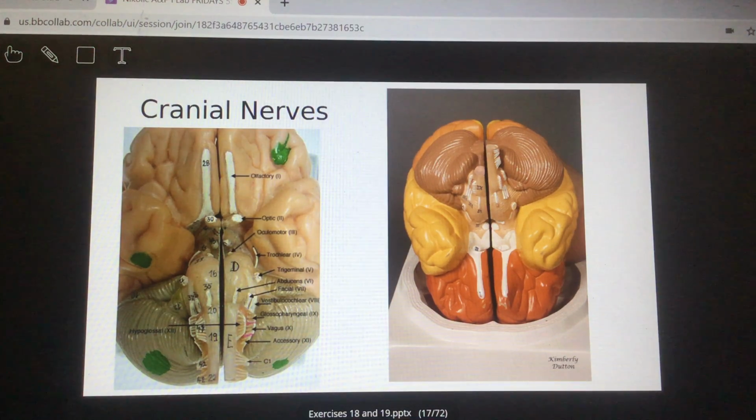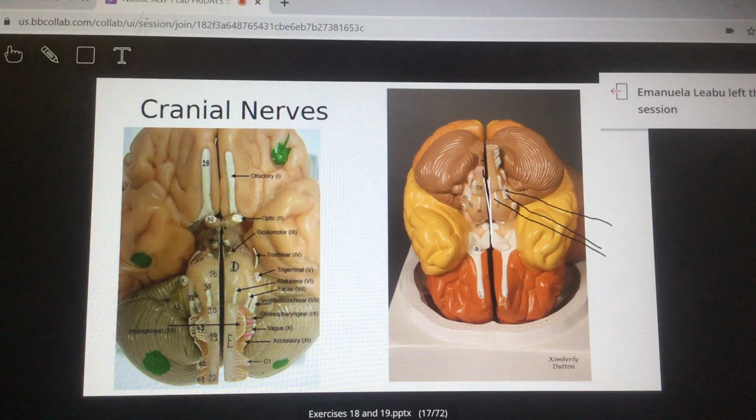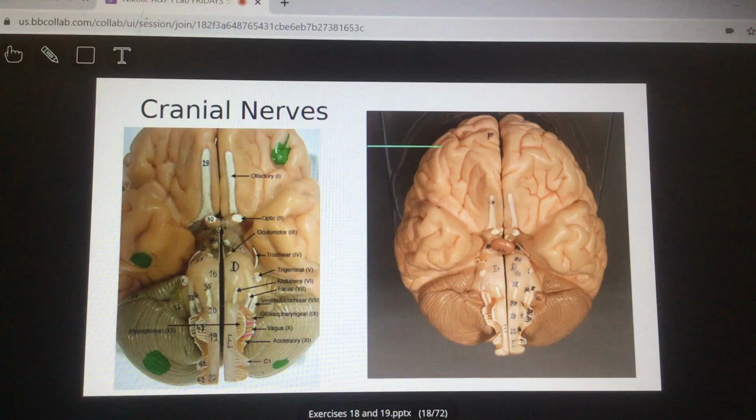And then 6, 7, 8. Okay? 6 is at the midline. So that's how you know it's 6, because it's the one that's closest to the middle here. So 6 abducens, 7 facial, 8 vestibulocochlear. And then we go hypoglossal here, hypoglossal there. All right, but the first 5 is this one here.